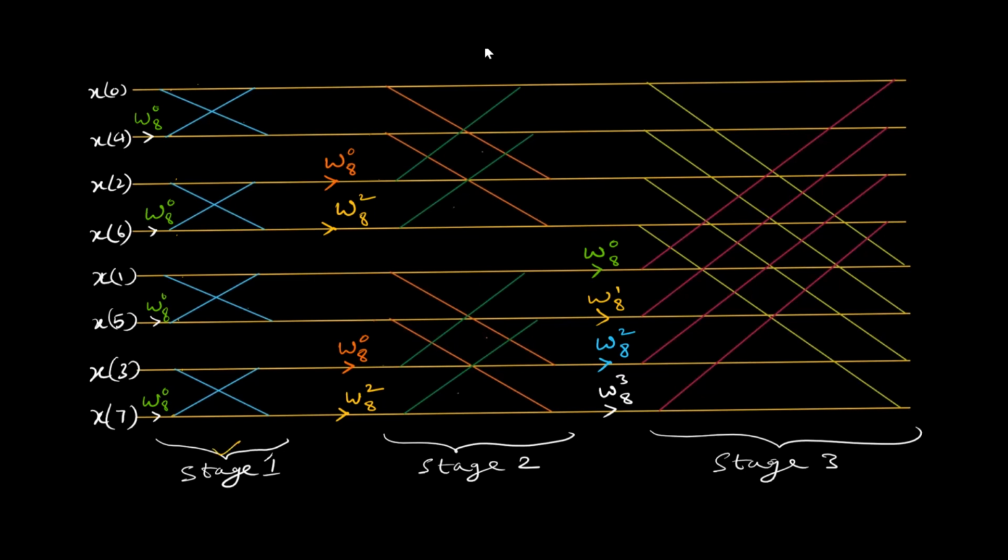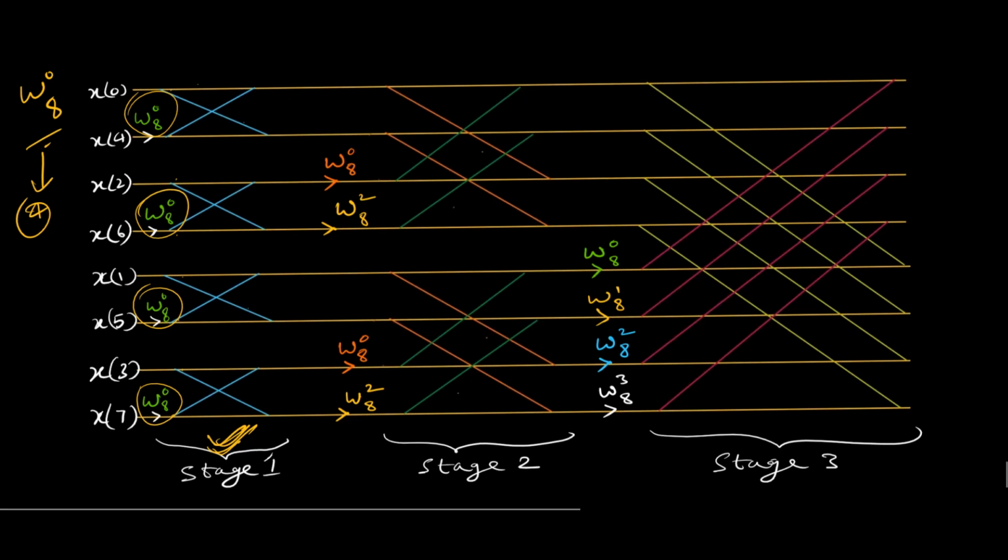Now for stage number 1 we have calculated the exponent to be w8 to the power 0, and from step number 8 we know that this will repeat 4 times. So let us see, this is my stage number 1, and this twiddle factor will repeat itself: to the power 0, to the power 0, to the power 0 and to the power 0, 4 times.